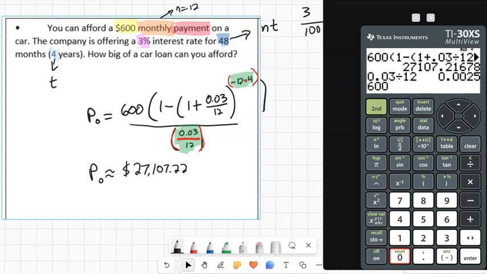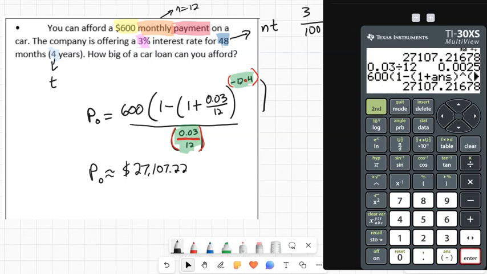Notice 600 parenthesis 1 minus parenthesis 1 plus answer parenthesis exponent parenthesis negative 12 times 4 close parenthesis numerator parenthesis divided by answer. A little more efficient. Obviously, same answer.